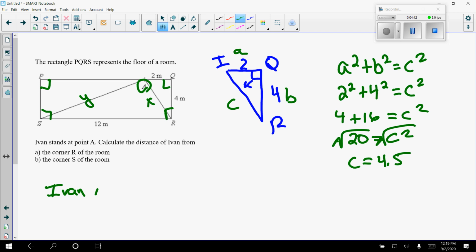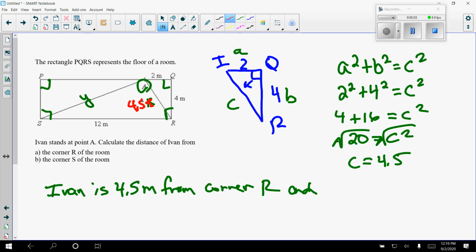I'd start my answer as: Ivan is 4.5, I believe it's meters, from corner R. And I don't know how far it is from corner S yet. But now, if I go back up here, I know this is 4.5.